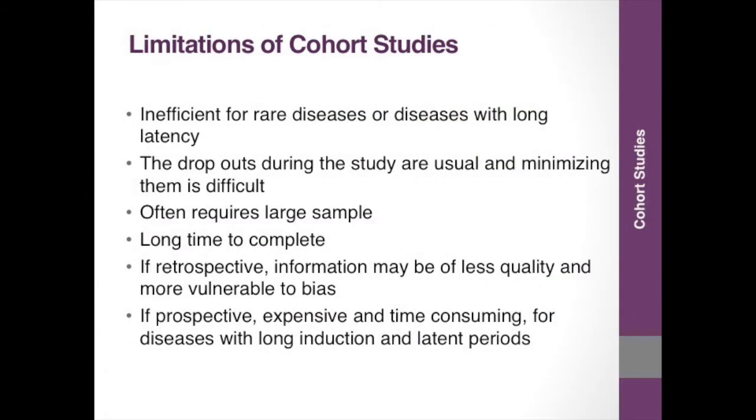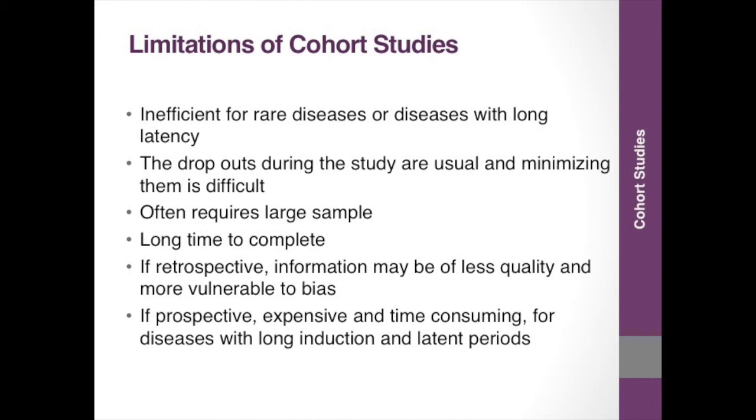Cohort studies might be inefficient for rare diseases or diseases that have a long latency. And sometimes the dropouts, especially in prospective studies, are very frequent, and minimizing them is really hard. These studies often require large samples and long time to complete.